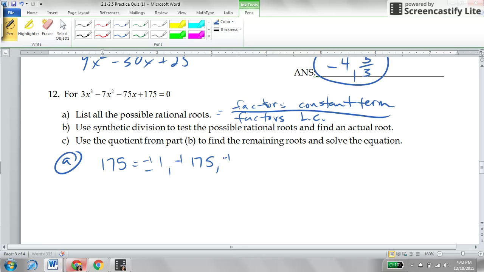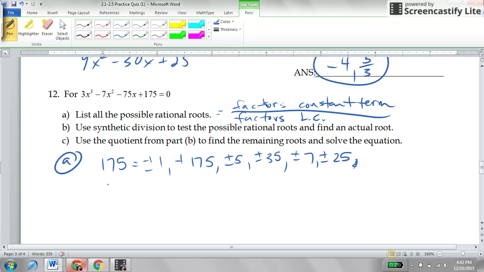It's divisible by 5, so plus or minus 5. 175 divided by 5 is 35, which means it's also divisible by 7, so plus or minus 7, plus or minus 25. And I think that's all we got. Yep, those are all the different factors of the constant term.